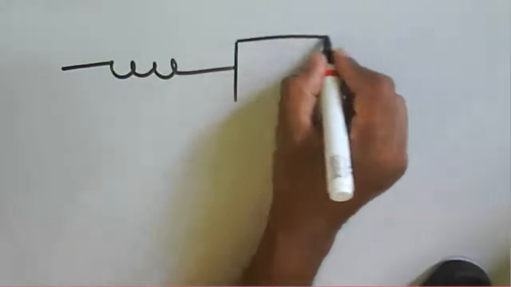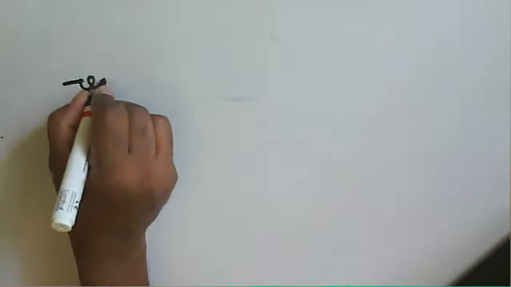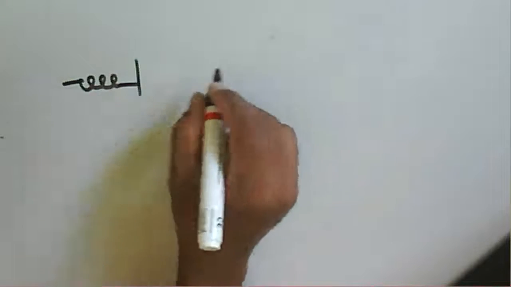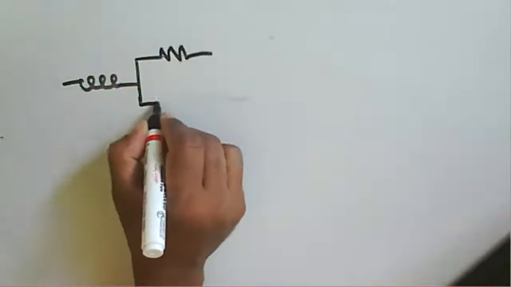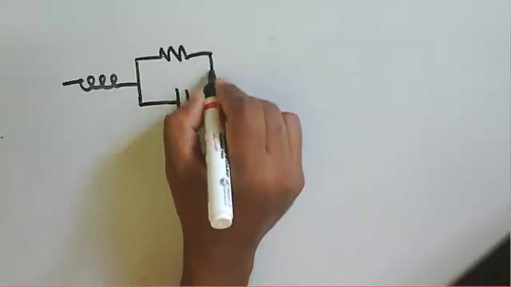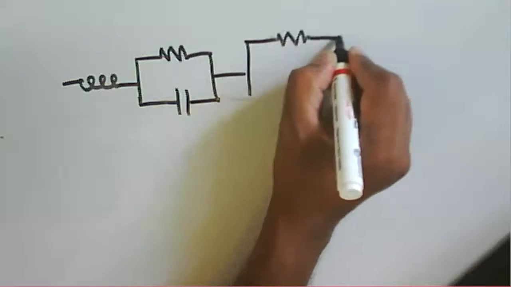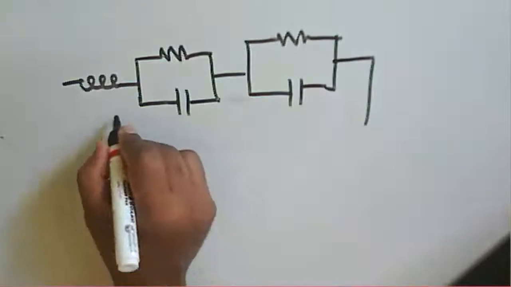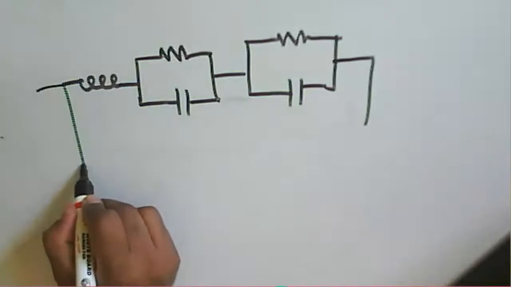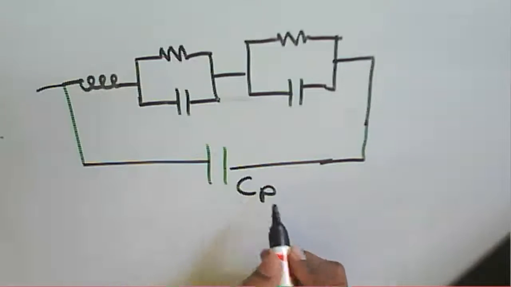It has a tuned circuit. I am going to draw a smaller one. One is the inductor here, resistance, then a capacitance here, then a resistance, then a capacitance here, and here a parallel capacitor, that is CP.